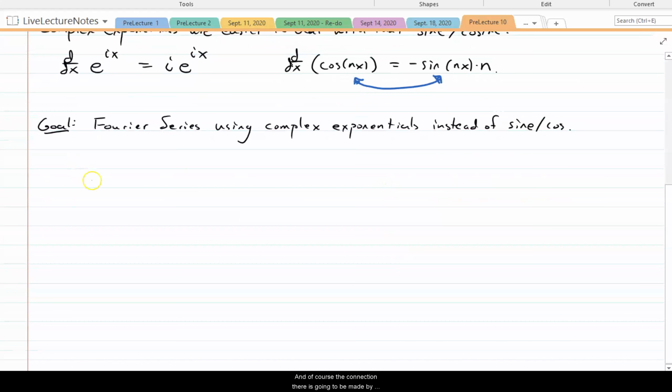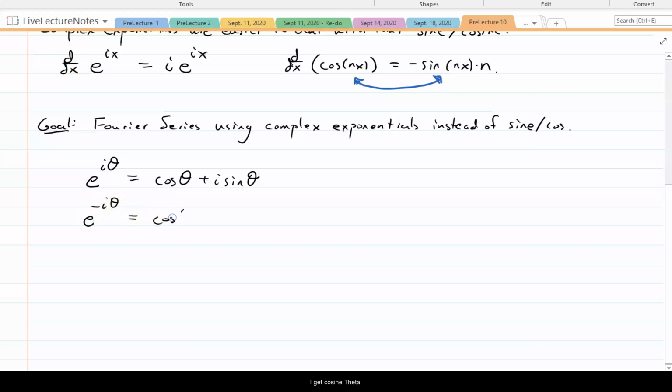Of course, the connection there is made by Euler's formula. e to the i theta is cosine theta plus i sine theta. If I write e to the minus i theta, I get cosine theta minus i sine theta. I just change the i to minus i.